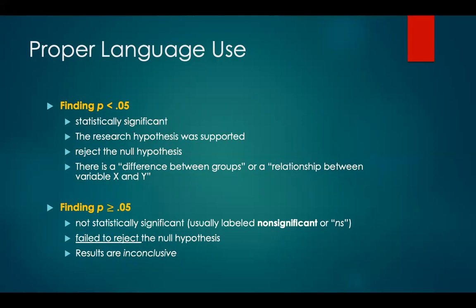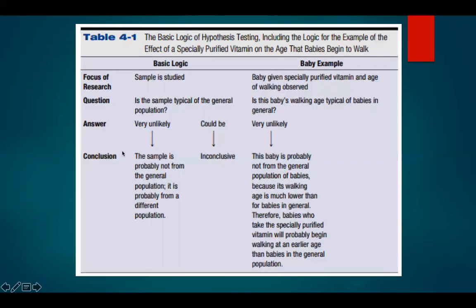And finding a p greater than or equal to 0.05, you can say that your results are not statistically significant, usually labeled non-significant or NS. You can say that you failed to reject the null hypothesis, and that results are inconclusive. There's a table in the textbook which breaks this down. You can pause and take a look at that.